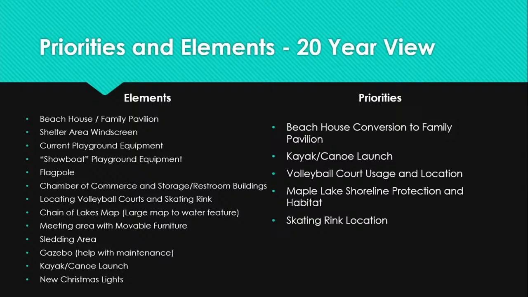One of the first ideas we want to pursue is the current beach house, and we'll have a picture of that in a minute. The current beach house has some limited uses right now, and the concept would be to make it more of a family pavilion where it serves all of its past functions, but also serves as a center place for family picnics and serving food and just enjoying the park down by the water.